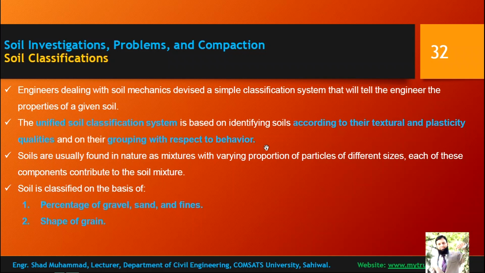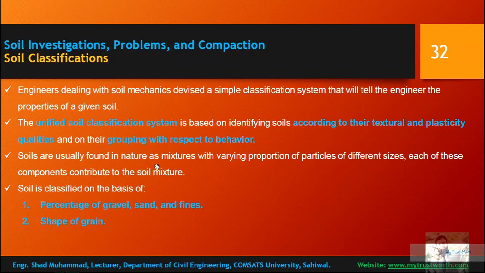There are different classification systems of soil around the world. The Unified Soil Classification System is one of the most popular, in which soils are identified on the basis of texture and plasticity qualities, and classified on those features.